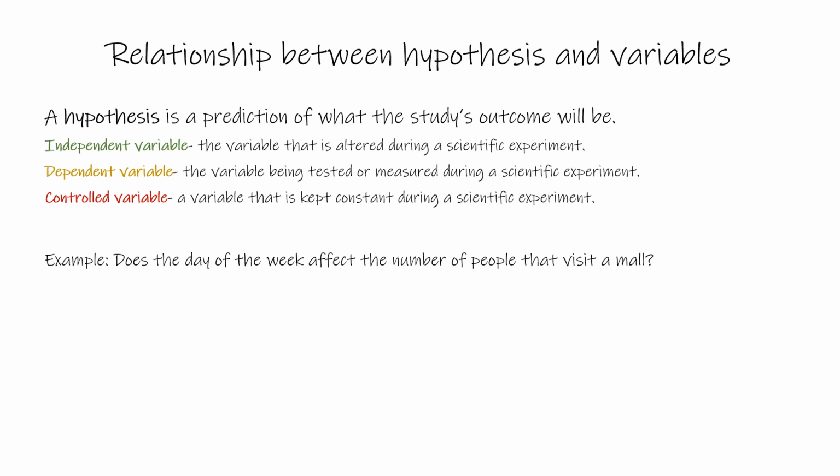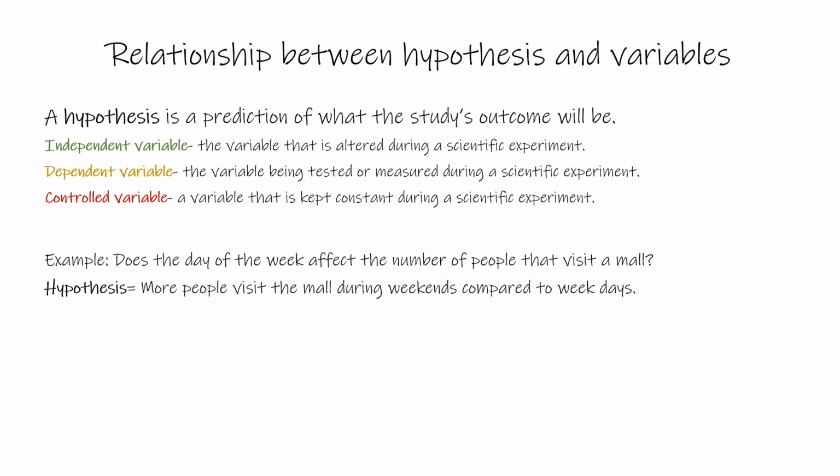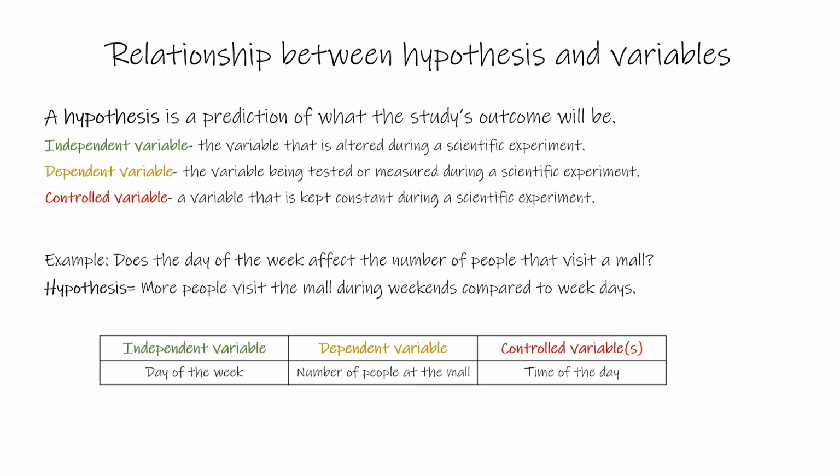Okay, so the hypothesis that we have formulated is more people visit the mall during weekends compared to weekdays. Write down in the comment section if you have another hypothesis. And the independent variable that we have identified is day of the week. So we will be changing the day of the week.